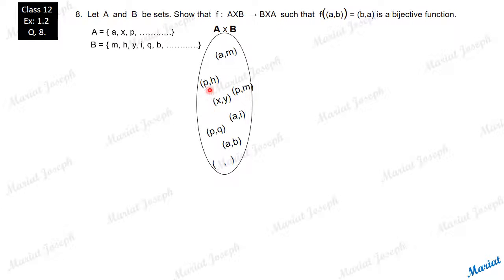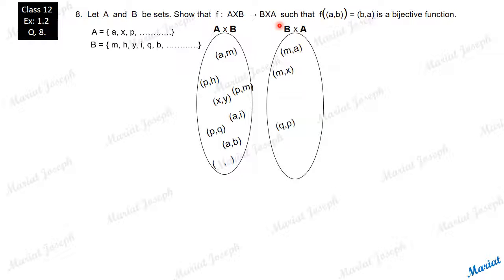If A cross B is like this, a, x, p, etc. form the set A, and m, h, y, i, q, etc. form the set B, then B cross A would be the set of ordered pairs (m, a), (m, x), (m, p), (h, a), (h, x), etc., having the elements of B as first and A as second. So B cross A would look like this. Elements (m, a), (q, p), (m, x), etc. Many more elements are in set B cross A.